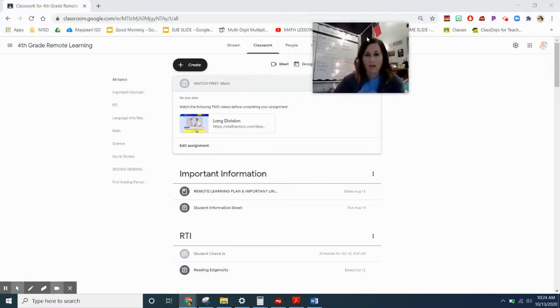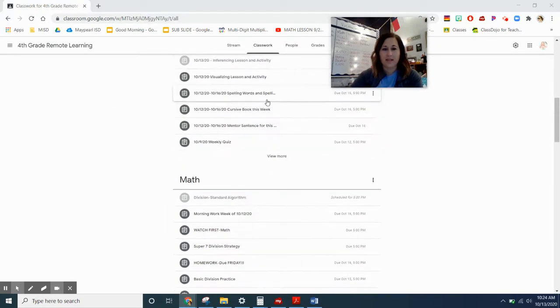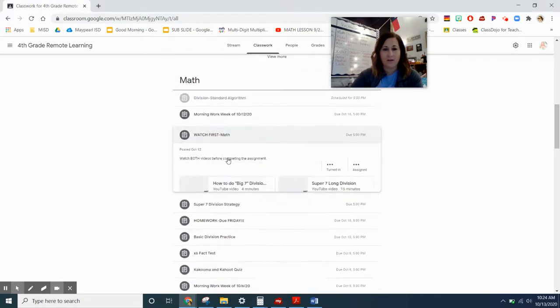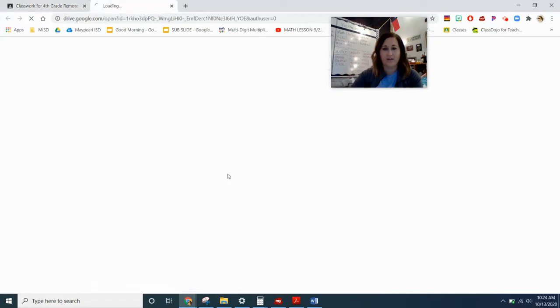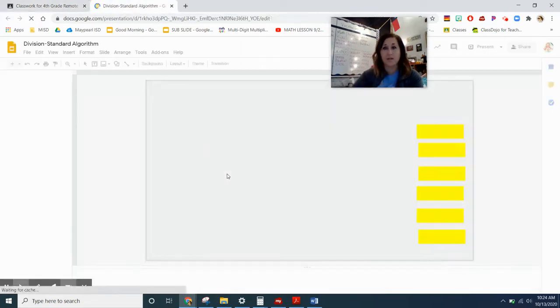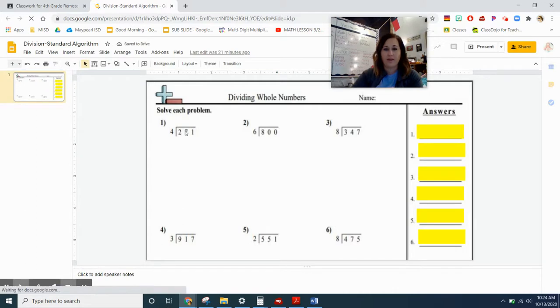Okay. So your work for today is a lot like yesterday's work. Division using the standard algorithm. It's on this Google slide. You notice that these problems all have divisors that are greater than that first digit.